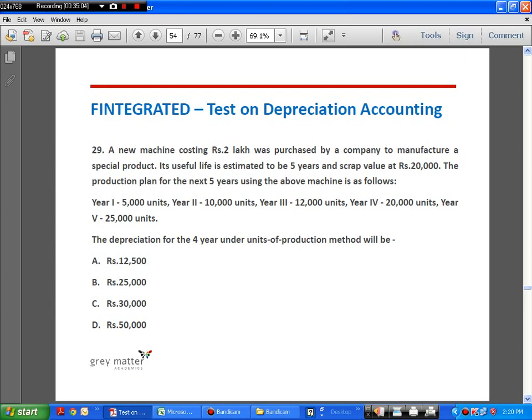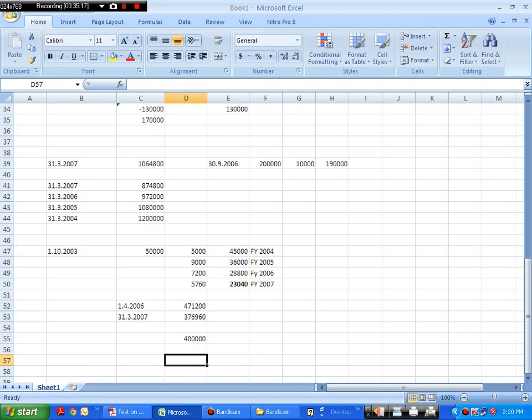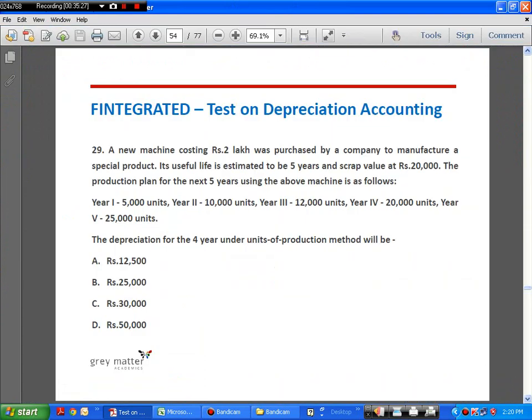Okay, so depreciation under the units of production method, our first step will be to calculate the depreciable value. So the depreciable value for this asset is 2 lakhs minus 20,000, which is 1 lakh 80,000 rupees.